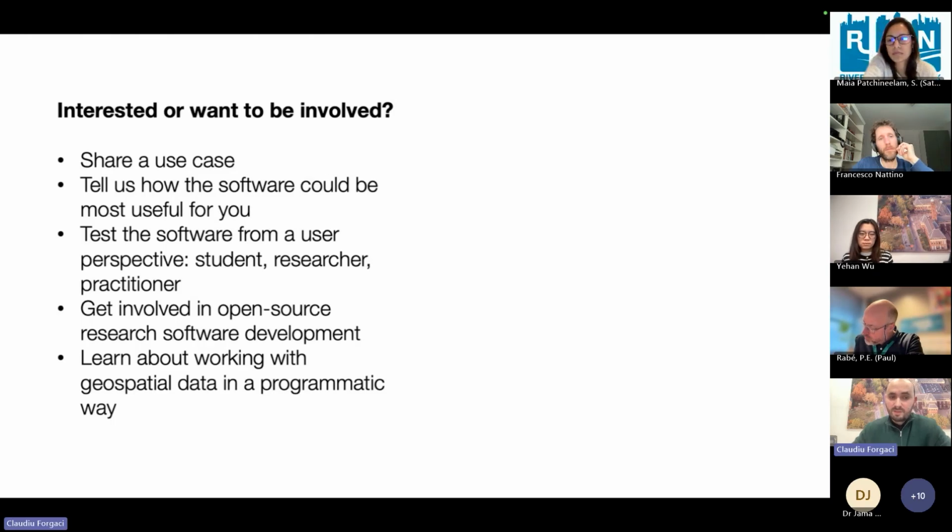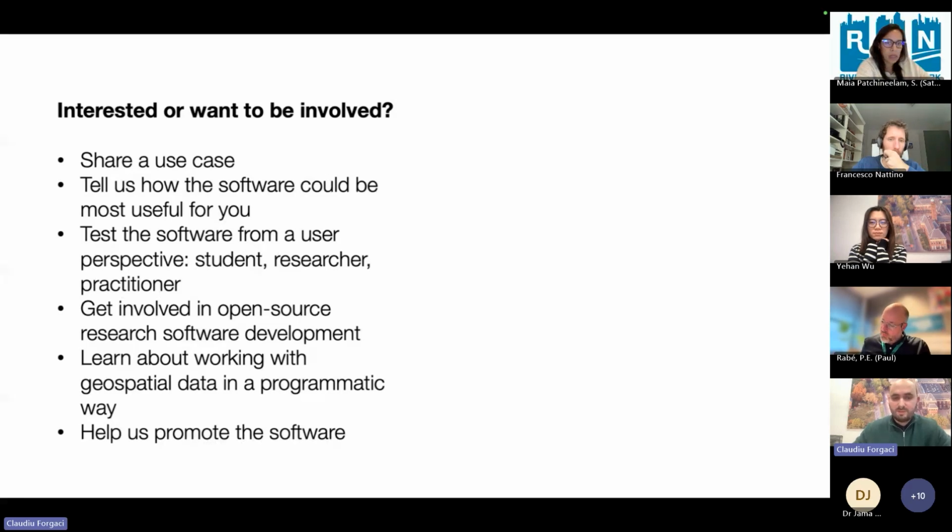If there's anyone curious about how to work with geospatial data in a programmatic way, maybe they have experience with working in GIS software like QGIS, but not necessarily in a programmatic way, then we're also happy to have a discussion on that and see how we can work together on river space applications. And of course, helping us promote the software.